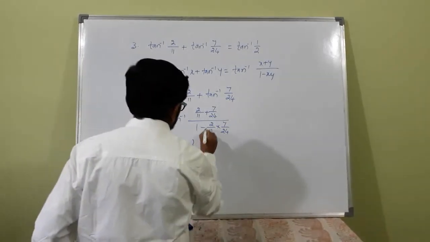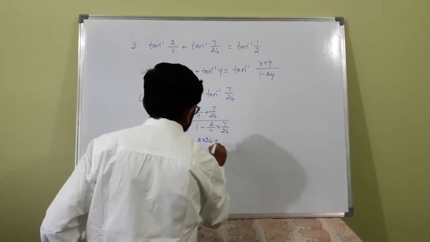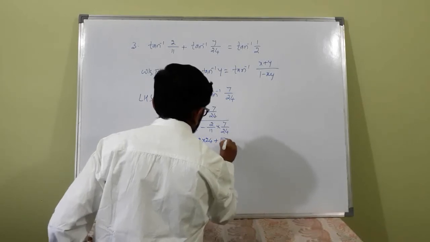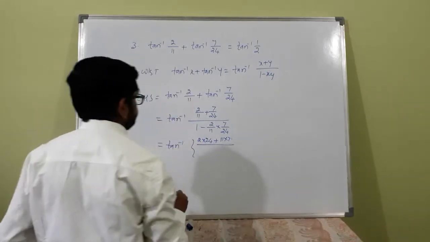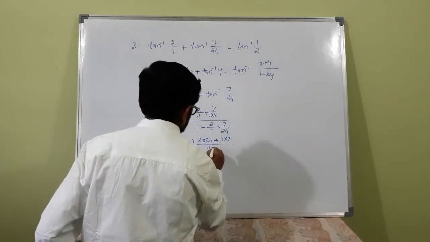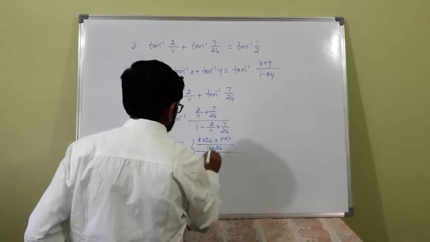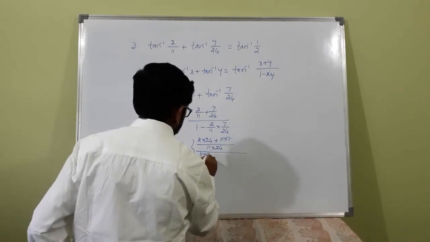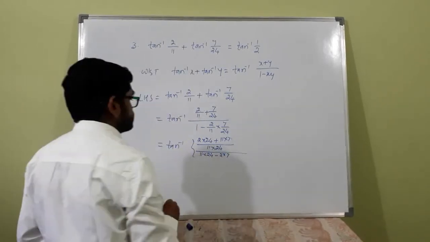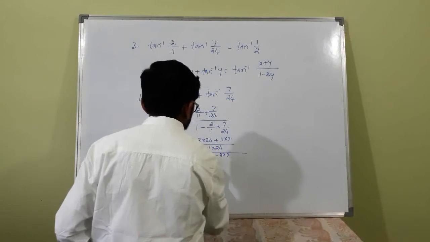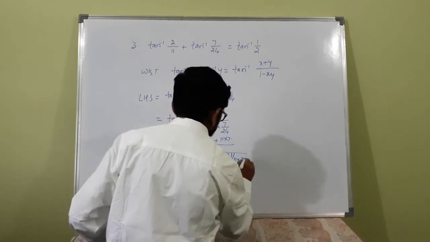that is 2 into 24 plus 11 into 7 divided by 11 into 24, whole divided by 11 into 24 minus 2 into 7 whole divided by 11 into 24.